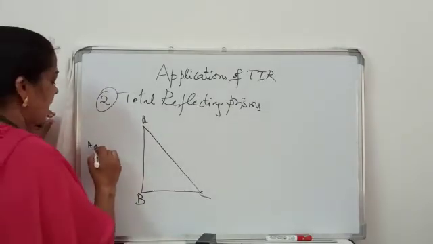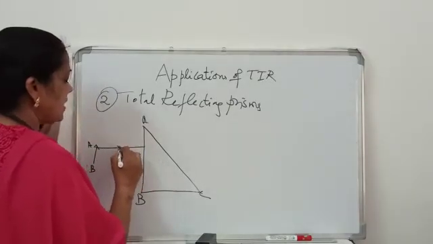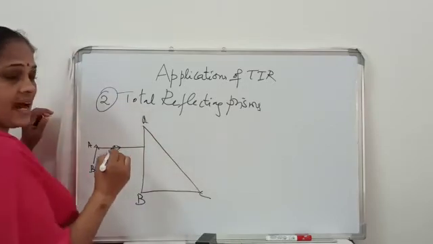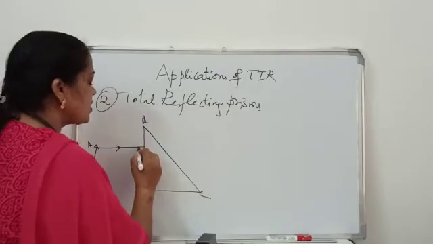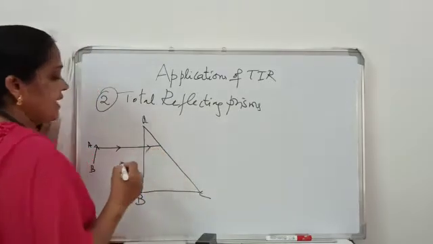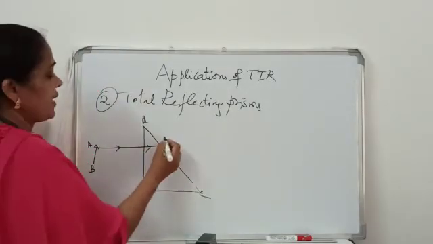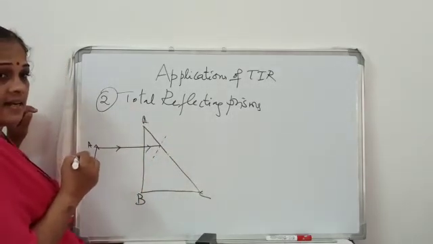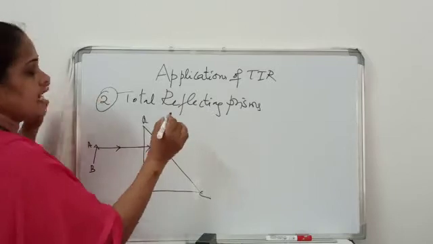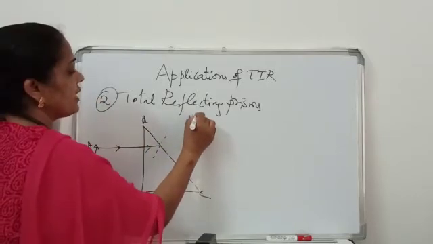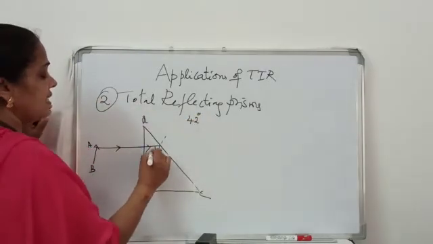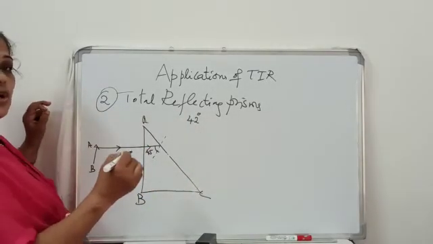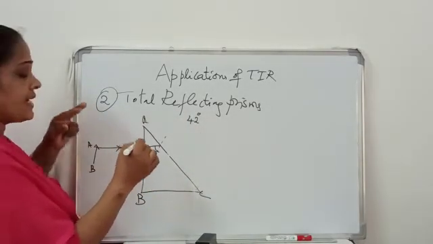A ray of light from A is normal to the surface, so it goes straight without any deviation. And when it is incident at an angle greater than the critical angle, the critical angle for such a prism is around 42 degrees. So this angle is actually 45 degrees, which is greater than 42. So it has to get totally reflected.